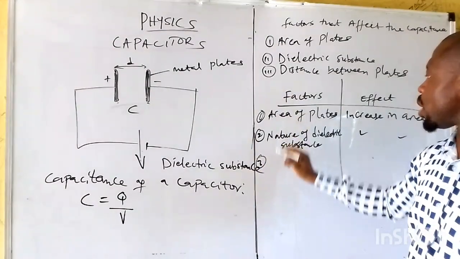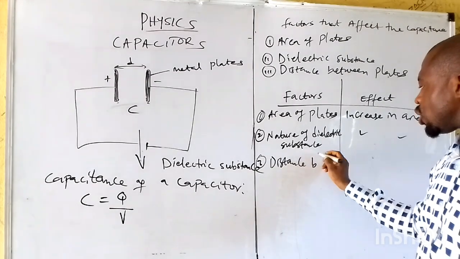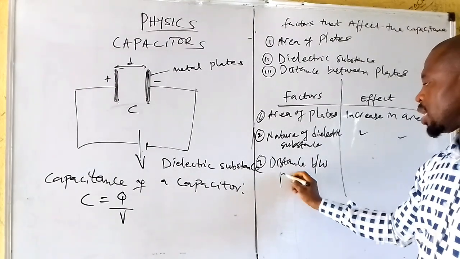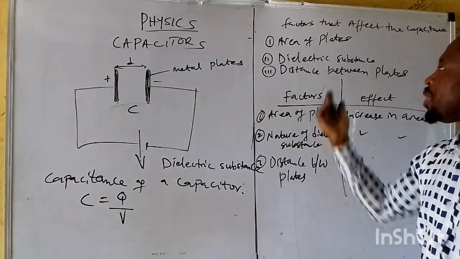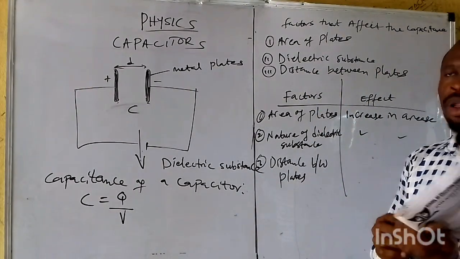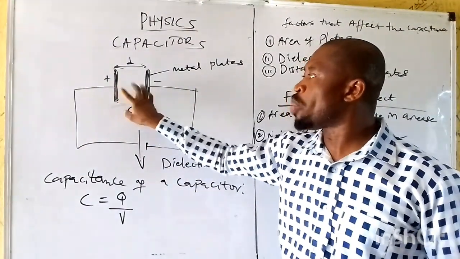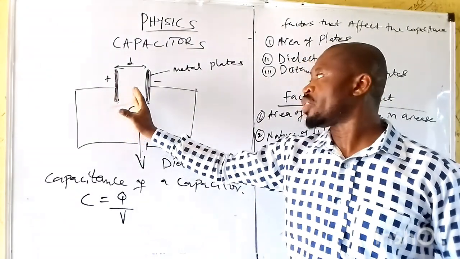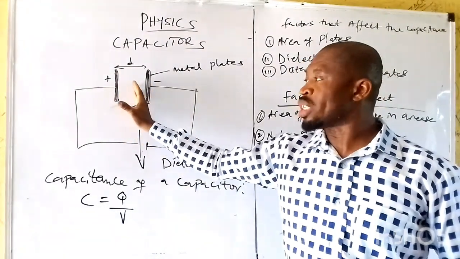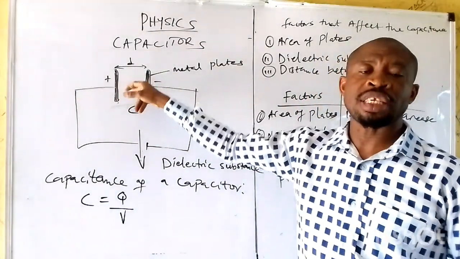Number 3 is distance between plates. How does it affect the capacitance of the capacitor? If you keep these two plates wide, it will reduce the capacitance. If you bring them closer, it will increase the rate of storage of this capacitor.